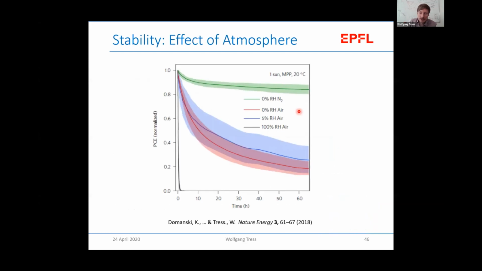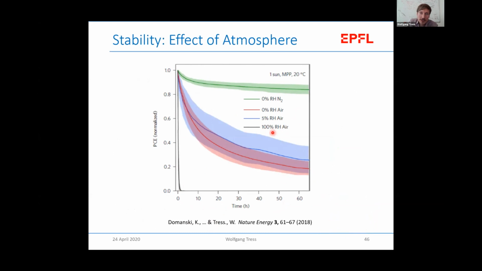In the last 2 minutes or so, I just want to quickly discuss the stability of these devices. It is very well known that the perovskite is sensitive to moisture and also prone to photooxidation. So when you monitor the efficiency versus time, here in hours, and you have a humid environment, they degrade very quickly.